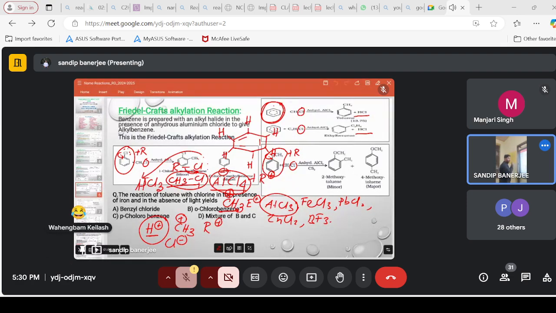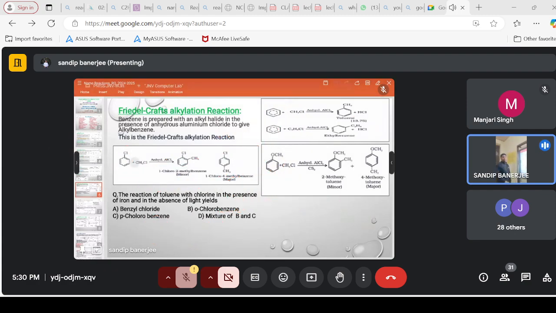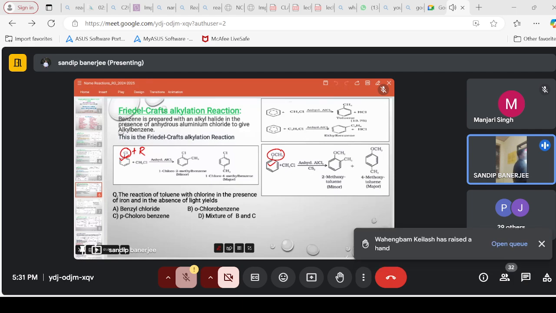Now I am giving two special cases: one for this anisole system and one for this chlorobenzene system. Because whenever you start this reaction with chlorobenzene and anisole, you will get two different products. Why? Because of the impact of the substituent group. As I told you, both of the groups are plus R operators.